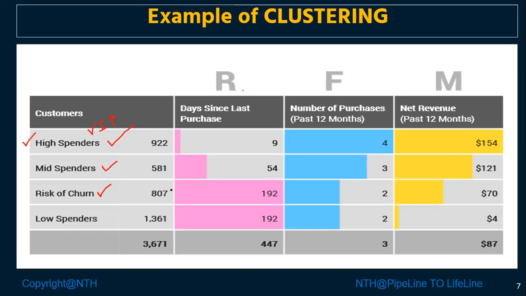See, out of a total of 3,671 people taken as a survey by one application, 922 will be high spenders, 581 will be middle spenders, and 807 are likely to migrate from one particular application to another, probably because of certain facilities or certain discounts.